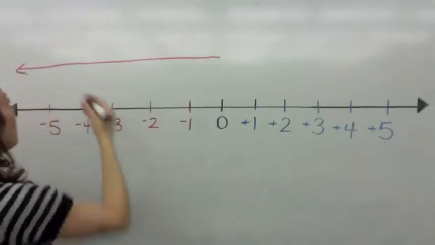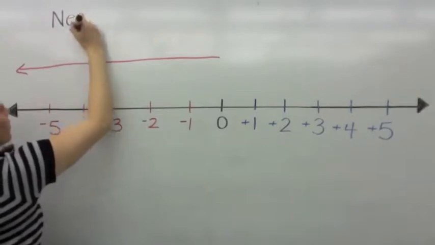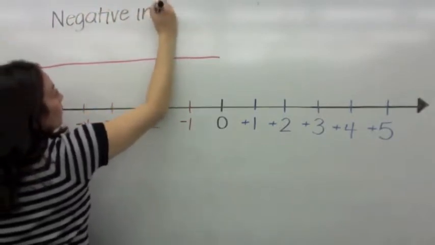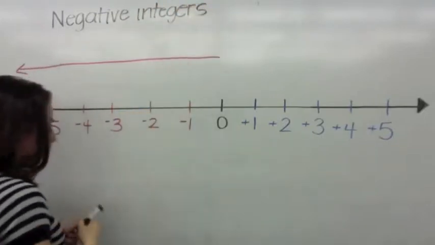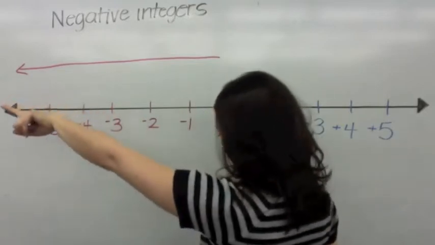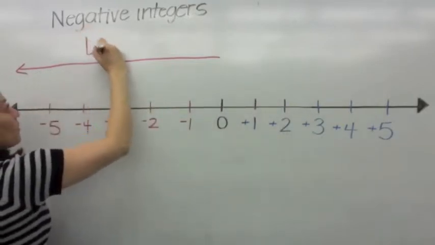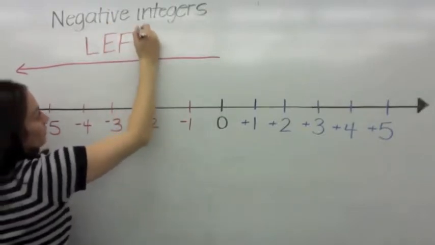You're going to write negative integers are to the left. All the negative integers are going to be on the left side of 0.